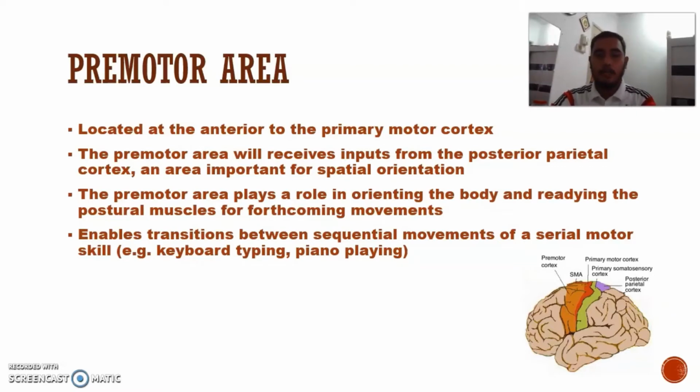The premotor area plays a role in orienting the body and readying the postural muscles for forthcoming movements. It enables transitions between sequential movements of a serial motor skill, for example, keyboard typing and piano playing.